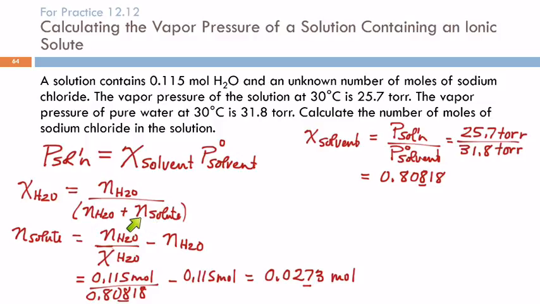This is the moles of solute particles. So what are the solute particles? It's the sodium ions and the chloride ions, right? So this is moles of ions. The question, though, is asking us for moles of sodium chloride.